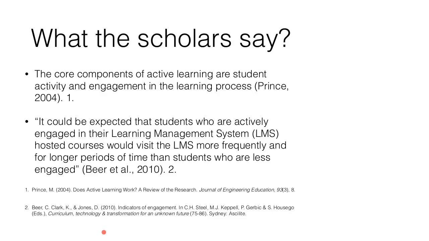Another scholar said it could be expected that students who are actively engaged in their learning management system hosted courses would visit the learning management system more often, more frequently, and for a longer period of time than students who are less engaged. What do you think? Do you agree with what these two scholars say? If you agree or disagree, voice out in the public chat room. I would like to hear from you.